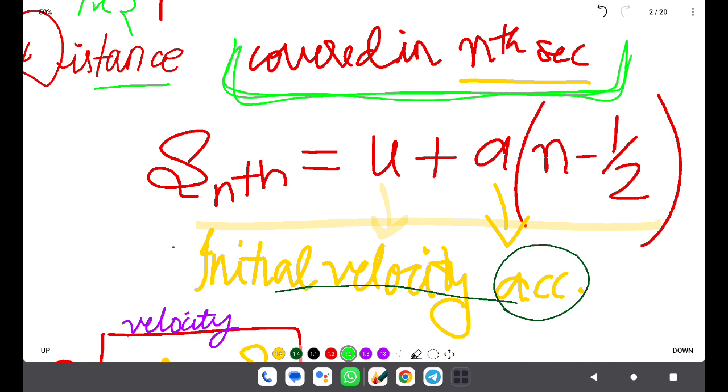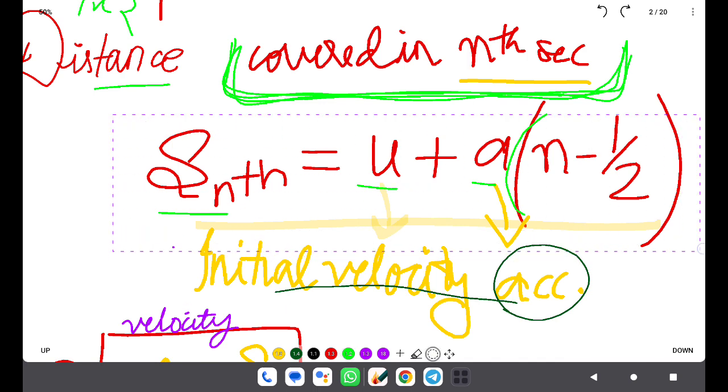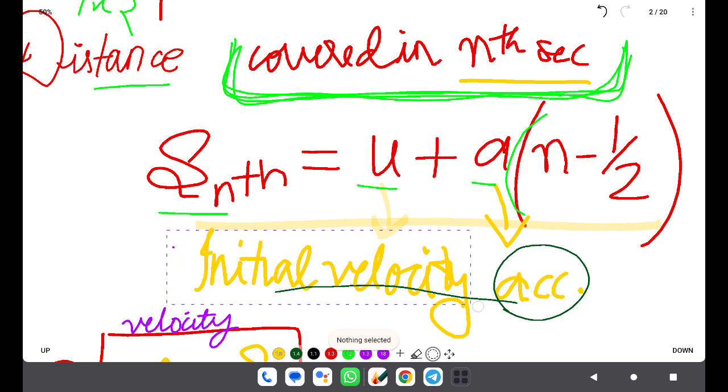For the nth second, the distance covered is u plus a into (n minus 1) by 2 in brackets. This is the formula for calculating the distance covered in the nth second, where u is the initial velocity, a is the constant acceleration, and n is the nth second.